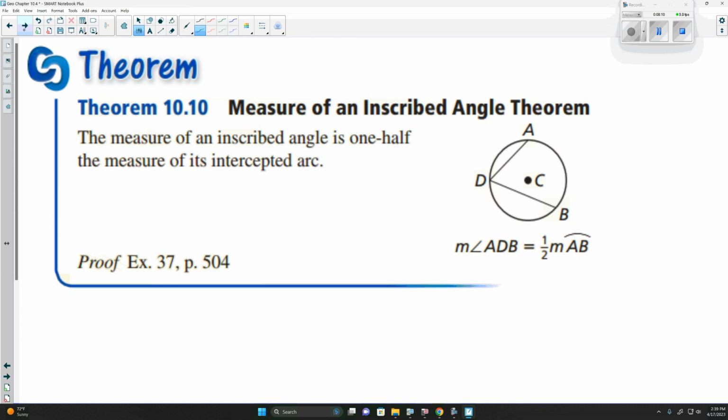An inscribed angle is equal to half the measure of its intercepted arc. So the measure of angle ADB is equal to half the measure of arc AB. Or we can say the measure of arc AB is equal to what? Twice the measure of our angle ADB.